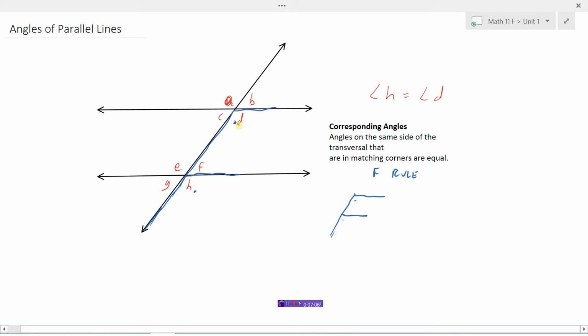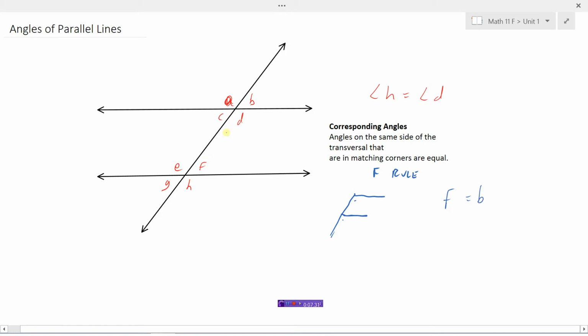Now there are other corresponding angles here as well. So other corresponding angles that we have, we've done this one, H and D. Also, you could say F and B are corresponding. Oops, not D, B, I should say.